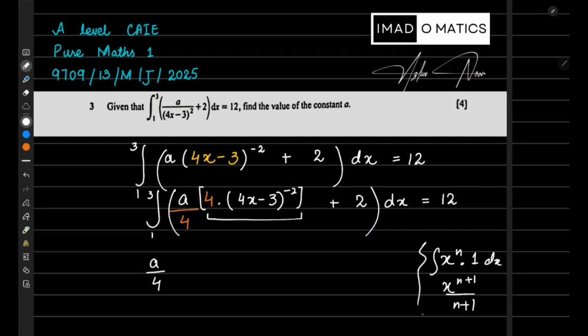So we are left with 4x minus 3 whole power minus 2 plus 1 over minus 2 plus 1, plus the integral of 2, which would be 2x.